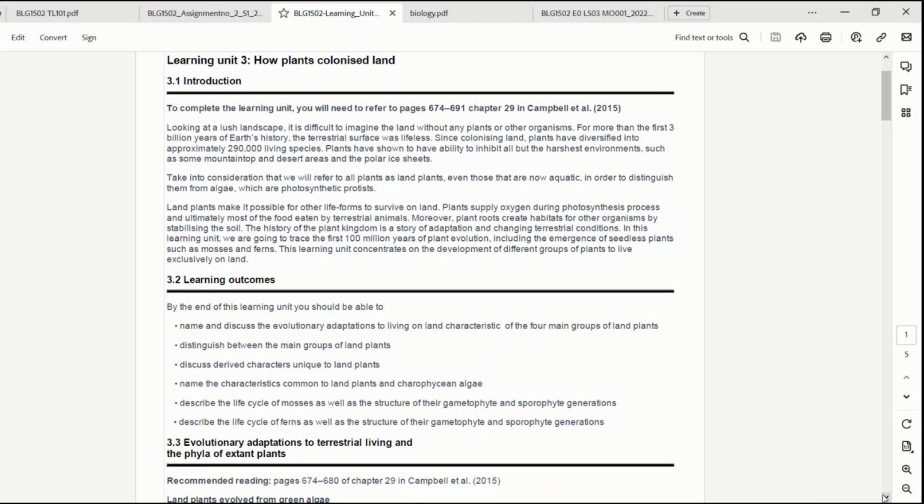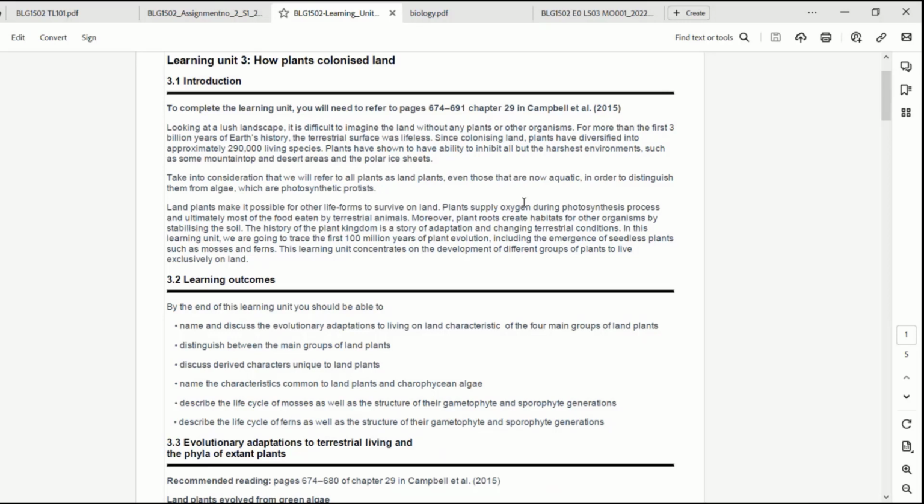To complete this learning unit, you will need to refer again to pages 674 to 691 in chapter 9 of Campbell and others, 2015. Like I mentioned last time, make sure you can access this textbook. If you can't, like Ms. Shumaya was saying, please familiarize yourself with the myUNISA or Moodle app, in which you can access the study materials.